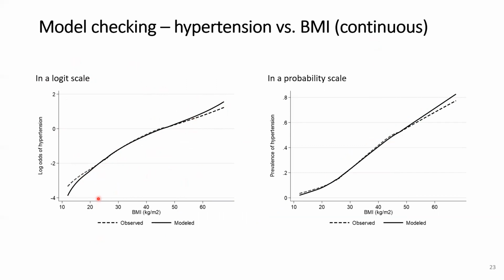But at the same time, BMI below 20 is possible, but below 15 is very uncommon. And BMI more than 50 is very extreme. So I may not worry too much about it. The same type of assessment was done using the probability scale, and they look fine to me.